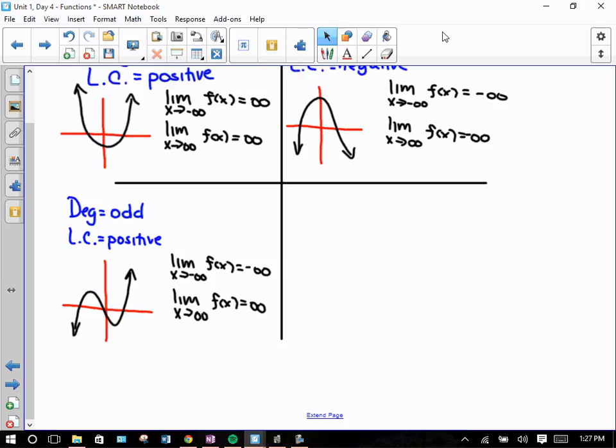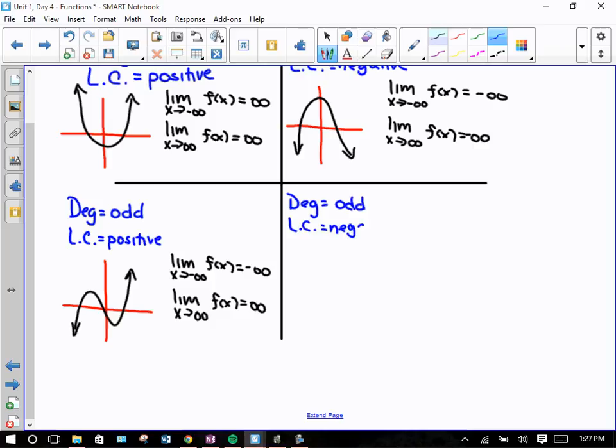And finally, you're going to have functions where the degree is odd and the leading coefficient is negative, and you're going to have graphs like this. Again, only the end behaviors are always going to be the same.